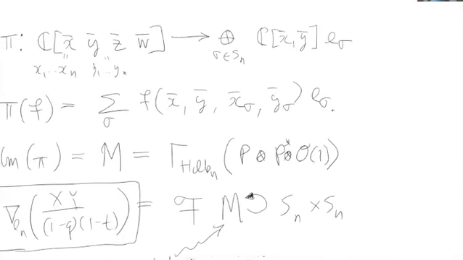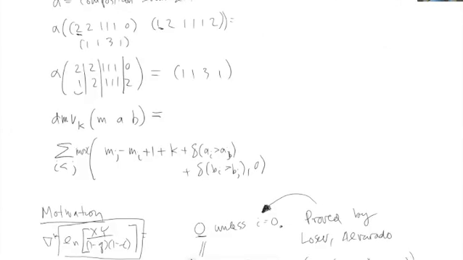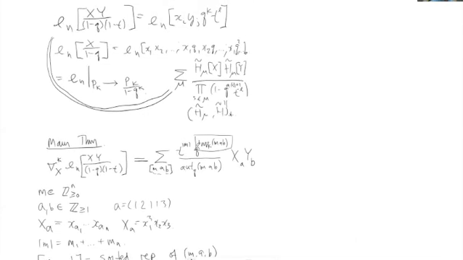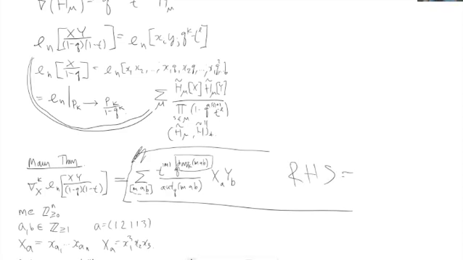let's give this thing a name. So let's say I take this right-hand side and I call the right-hand side, we called it omega.